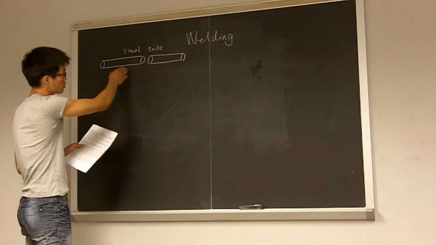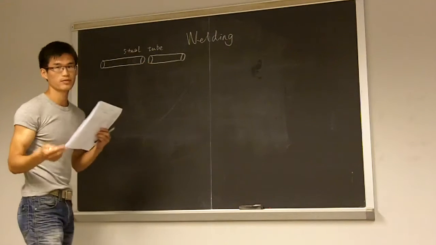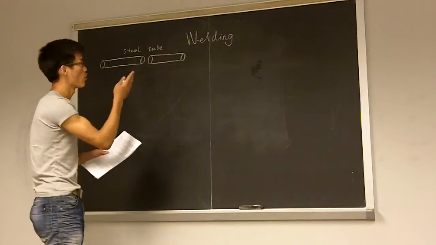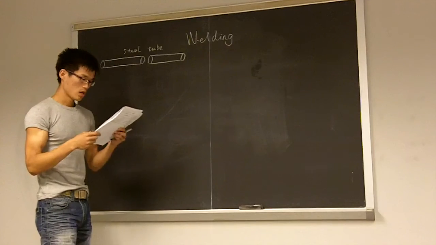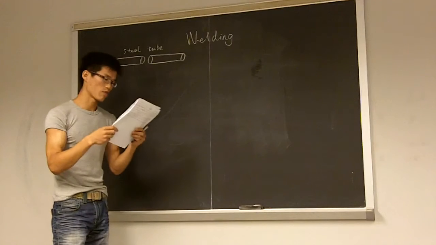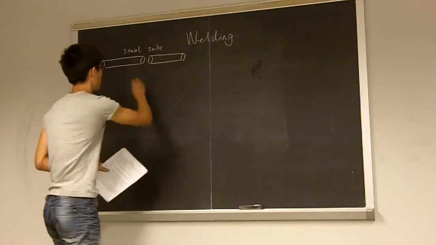The two short steel tubes will not become one long one by themselves, so welding is often done by melting the workpieces.